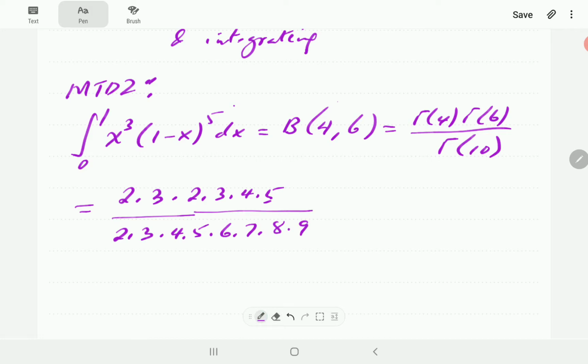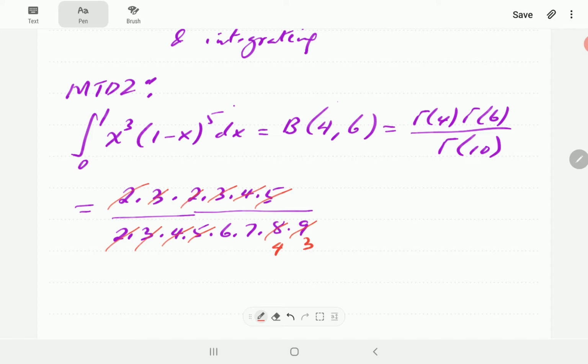So then we can cancel out here. 2 cancels out, 3, 4, 3 goes 3 times here, 2 goes 4 times there, then 5 cancels out as well.